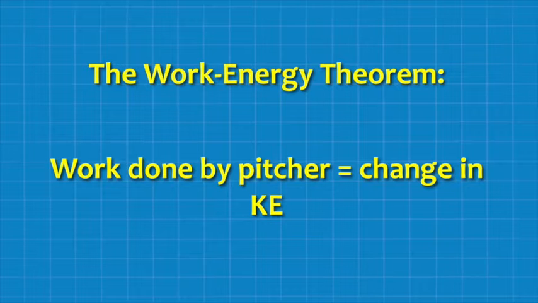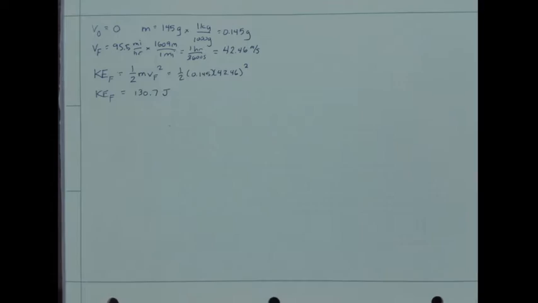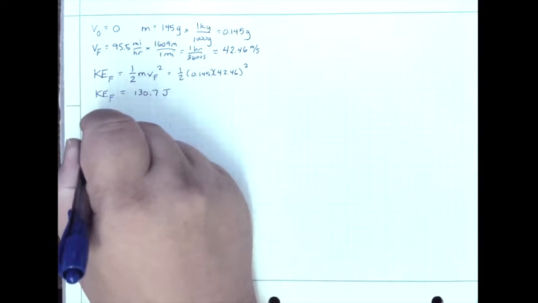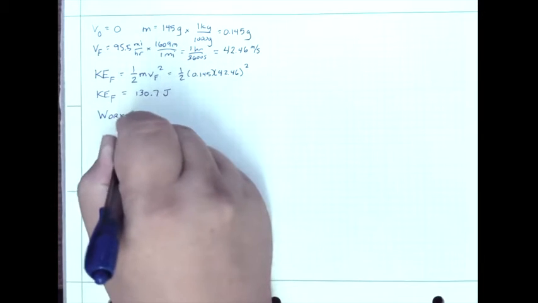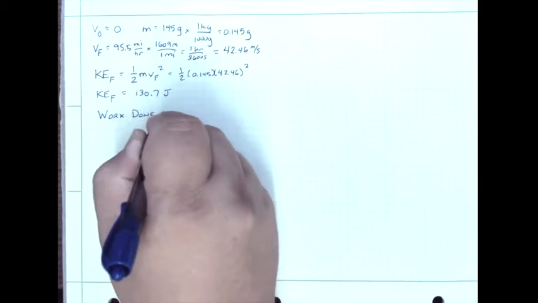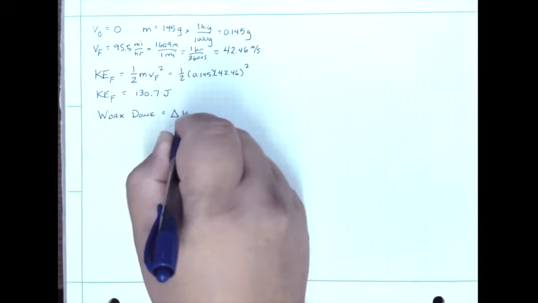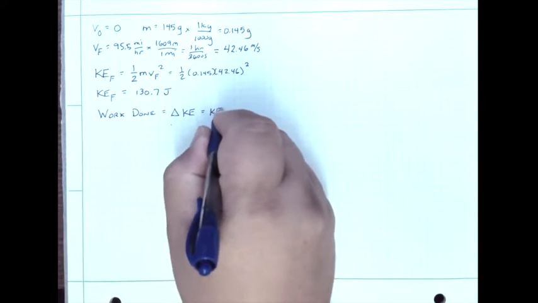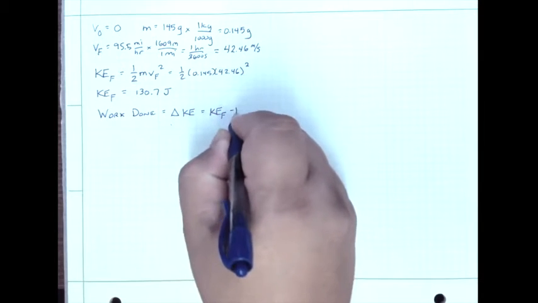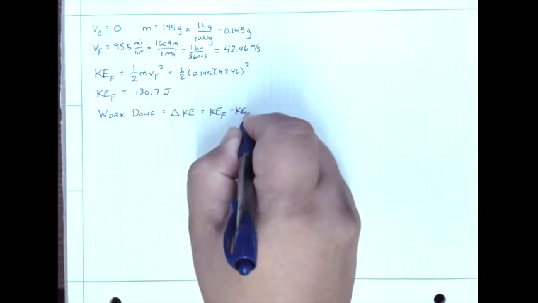Next, we are asked, how much work does the pitcher do in throwing the ball? Well, that is an application of the work-energy theorem. The work-energy theorem tells us that the work done is the change in kinetic energy. In other words, the final kinetic energy minus the initial kinetic energy.